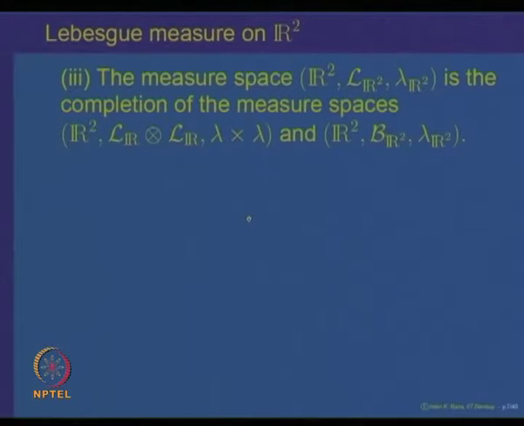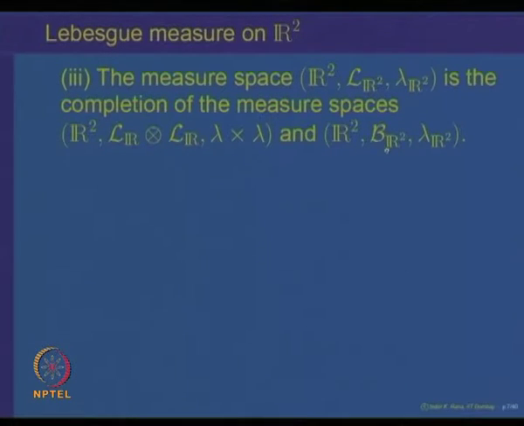And the third observation is, recall we just now said that the Lebesgue measure space on R 2, the Lebesgue measurable subsets of R 2 and the Lebesgue measure. On one hand we define this space as the completion of the Lebesgue measurable sets cross Lebesgue measurable sets, and this is also the completion of the measure space of the real line with Borel subsets of R 2.